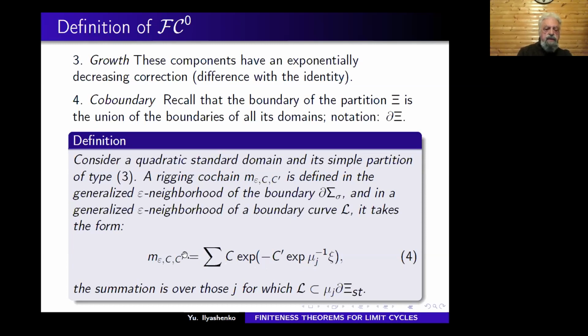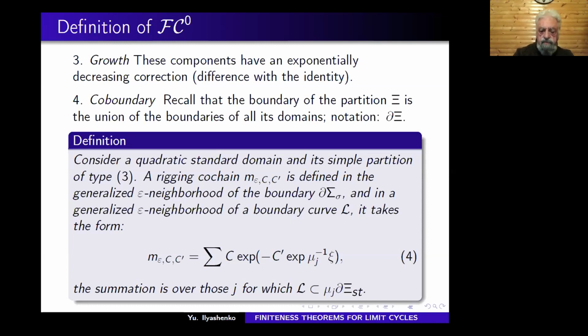So the coboundaries are estimated from above by the sums of these double exponentials, and the main term is the most slow exponential, for the largest mu, for the smaller mu, sorry, mu1 here.